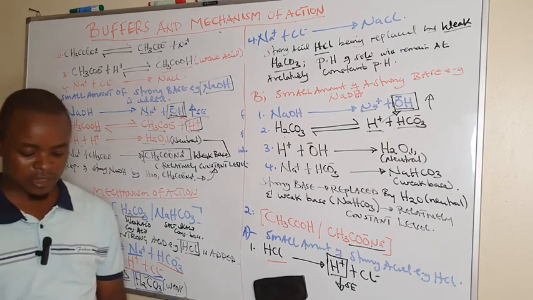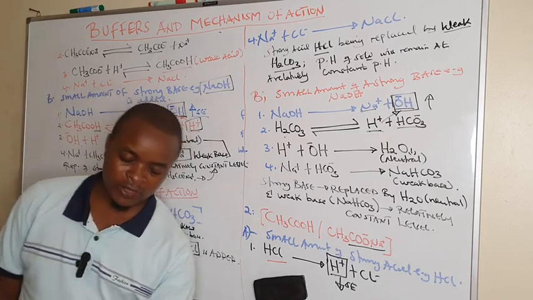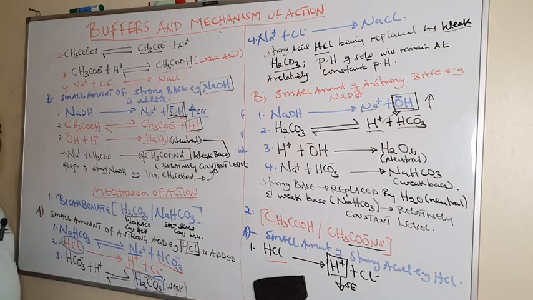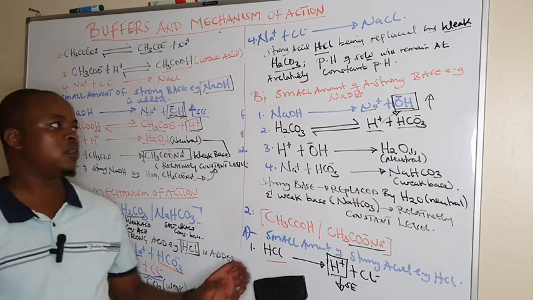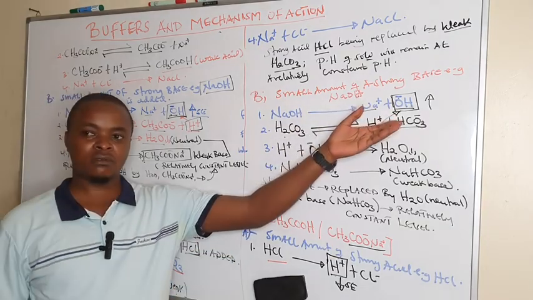So this is what we can discuss under mechanisms of action of buffers, whereby we have looked at the bicarbonate buffer in this video, when we add strong acid and when we add a strong base.